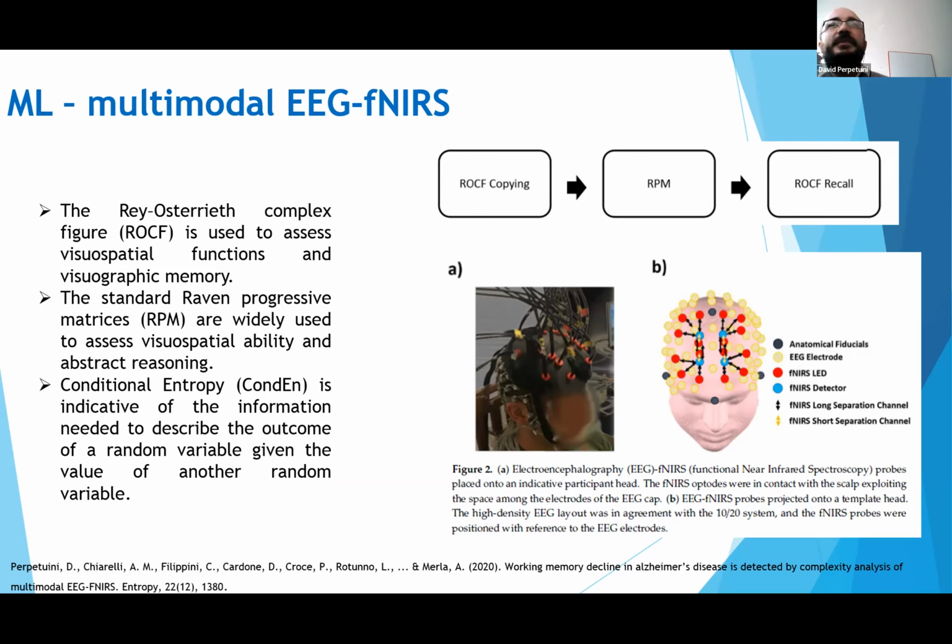In the first one, the patient has to copy a figure, and after 15 minutes, he has to recall the figure, so draw it again. In the meantime between the copying and the recall phases, the patients were administered the Raven progressive matrices, which are used to assess visuospatial ability.